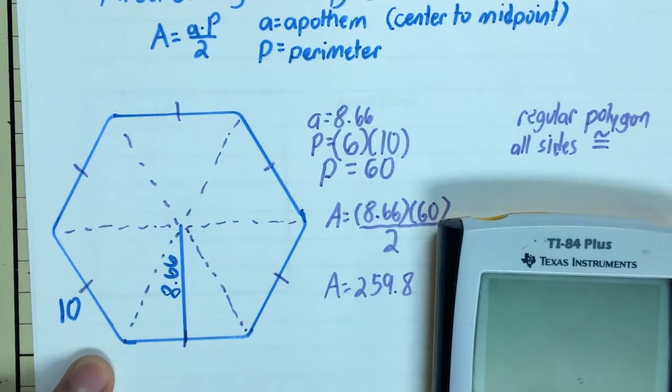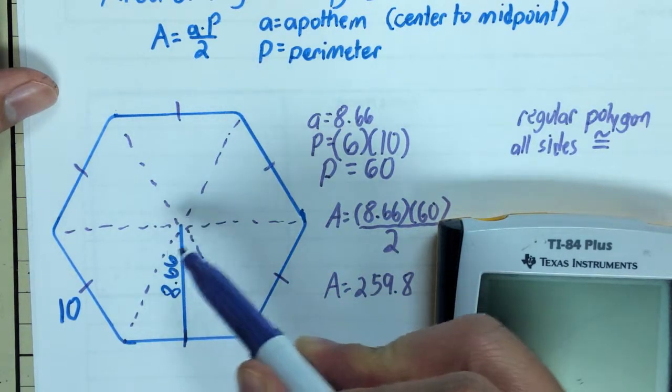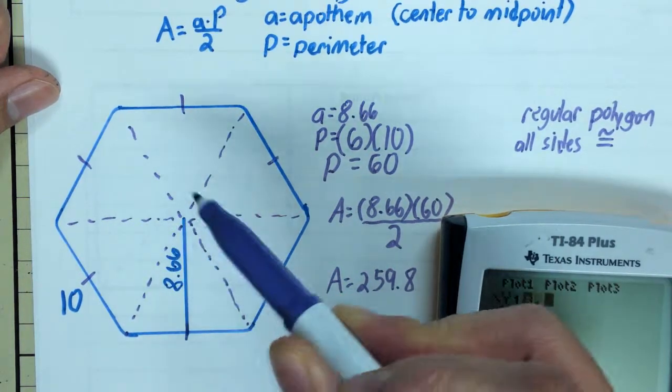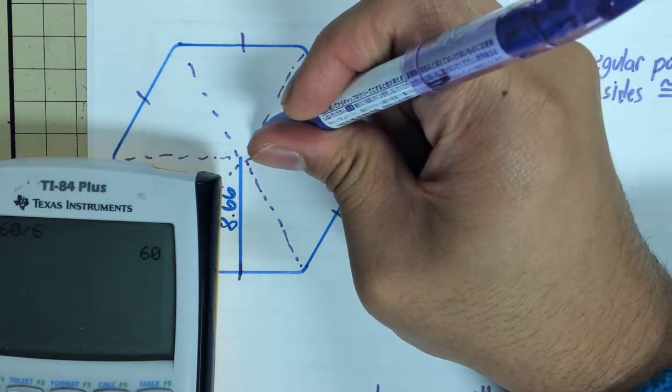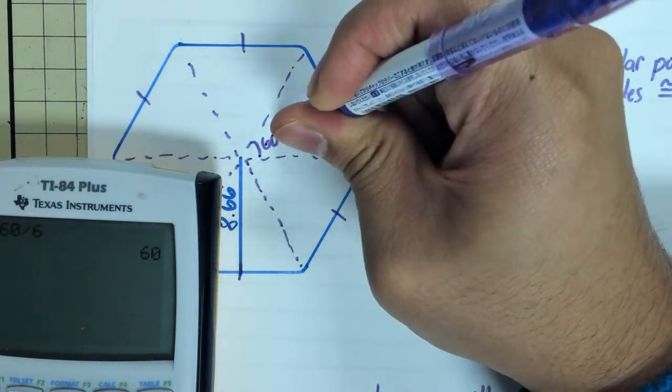Going back to my picture up here, my hexagon is divided into 6 triangles. Over here in the middle, we have 360 degrees if I go all the way around. So what I can do is 360 divided by the 6 triangles to let me know that each angle right here, that's a 60-degree angle.